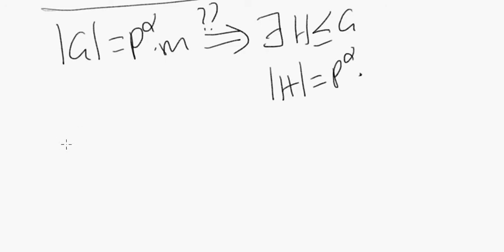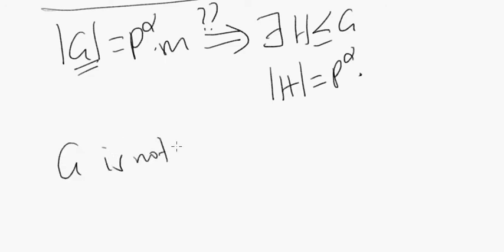We've made some progress. For instance, we seem to have concluded that if G is cyclic, then clearly there's a subgroup of order p to the alpha. So the case to examine is what happens when G is not cyclic.